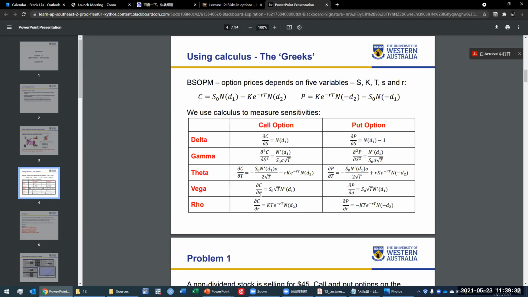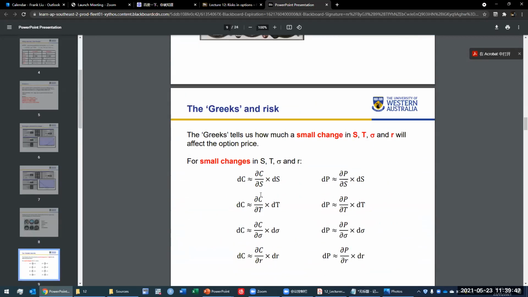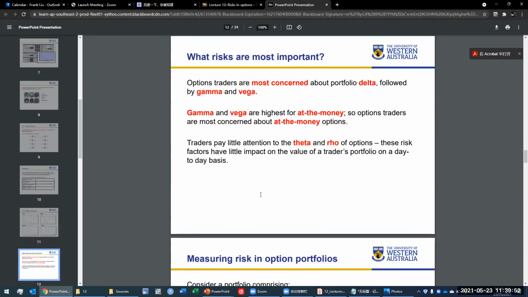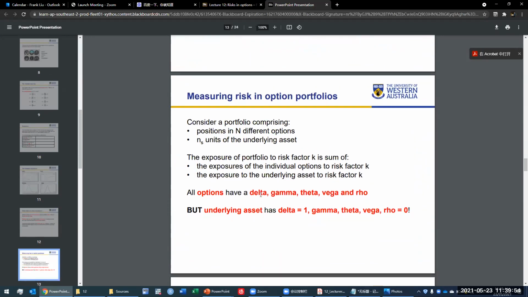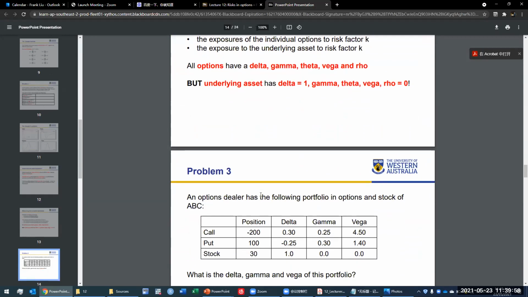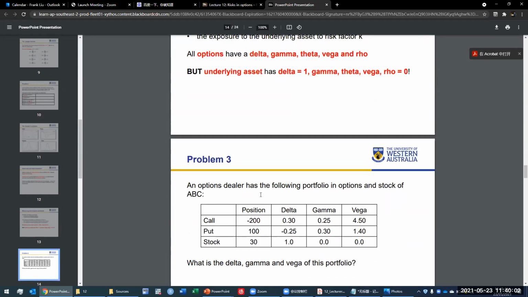So knowing how to calculate them is one thing. And the other important thing for that week is delta hedging. Delta hedging simply means this.